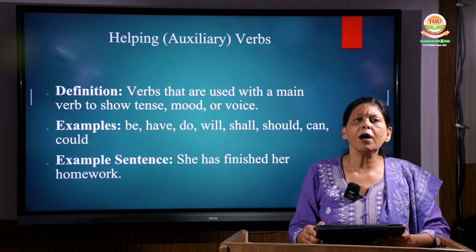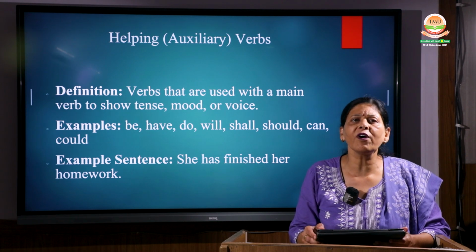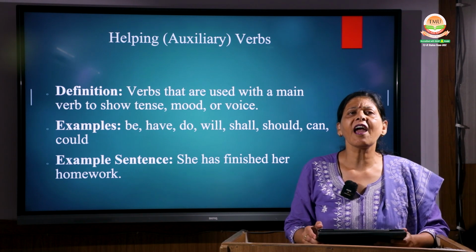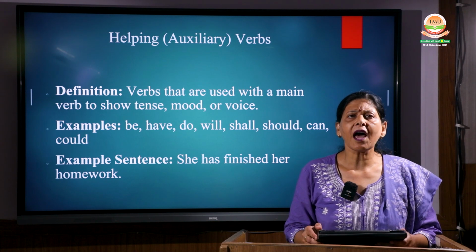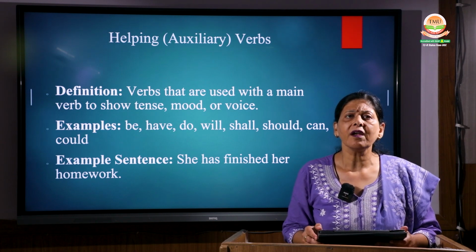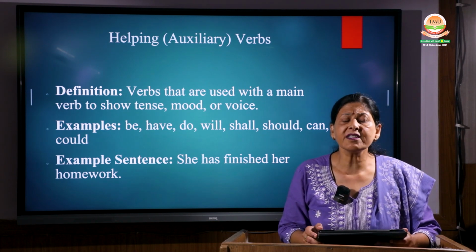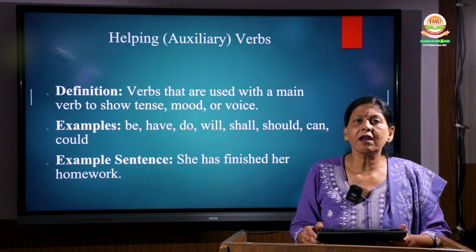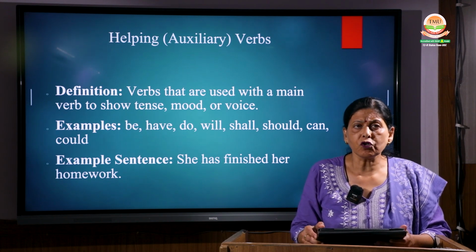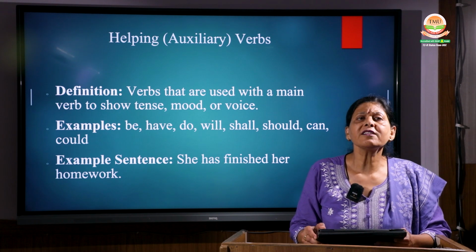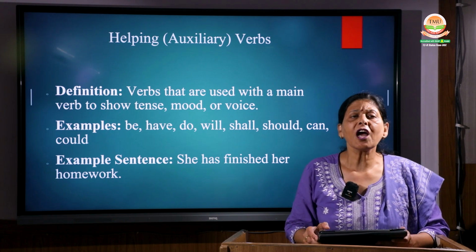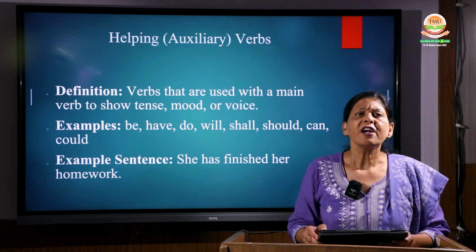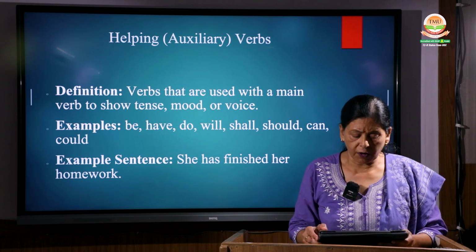These auxiliary verbs are scattered all over our sentences, paragraphs, or whatever we are reading and writing. That is, am, is, are, was, were, has, have, had, been, would, should, will, shall. All these are the helping verbs which are placed before the main verb and which tell us more about the verbs.